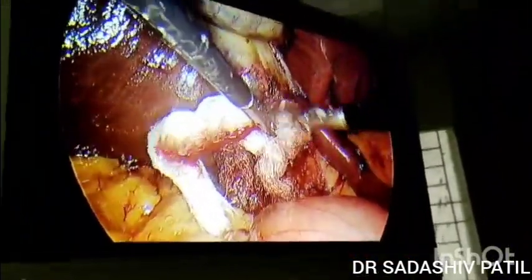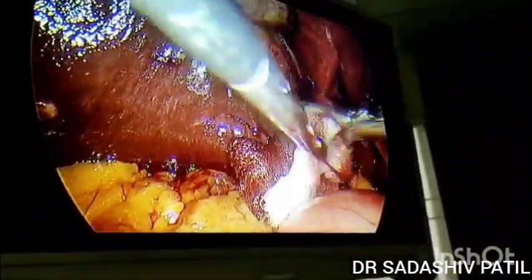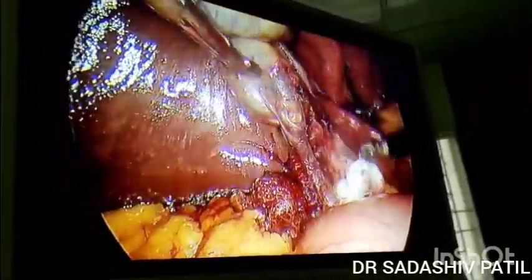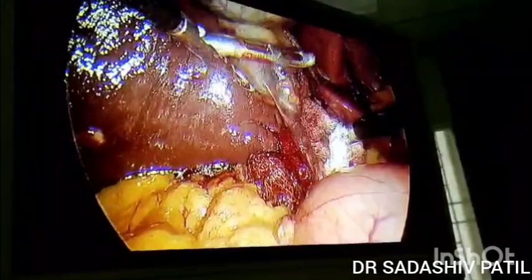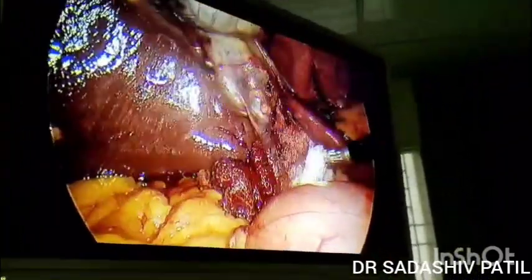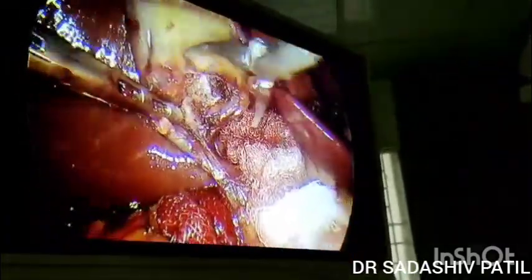The cystic artery was skeletonized. Lymph node in the Calot's triangle was also dissected. Small oozing which was present was controlled by using gauze pieces.